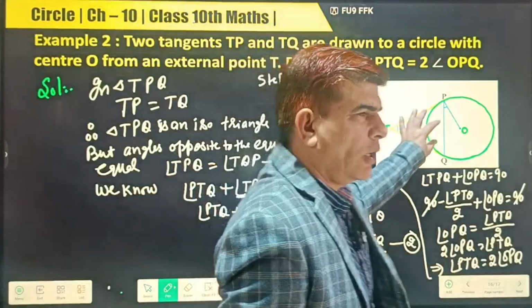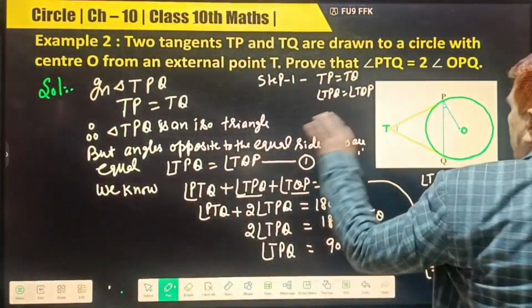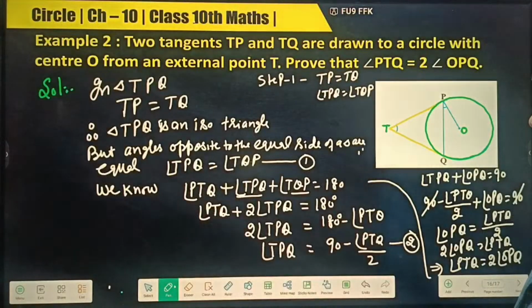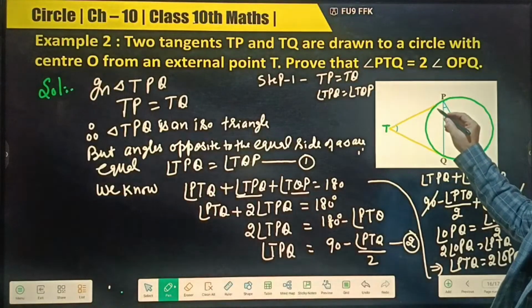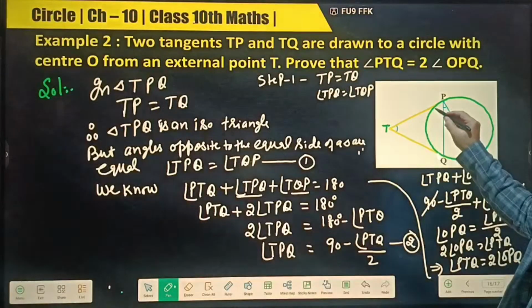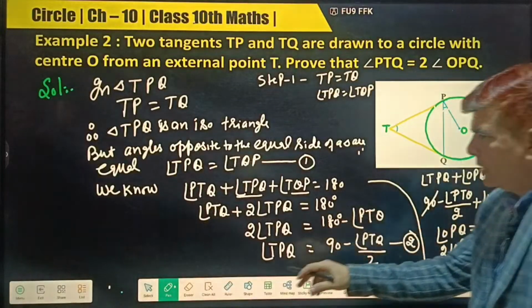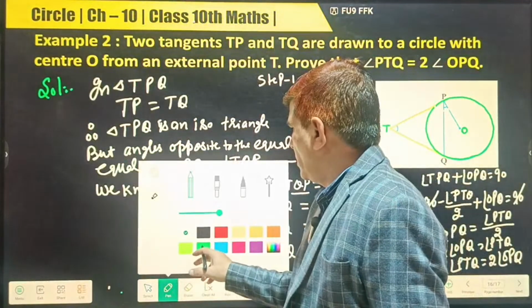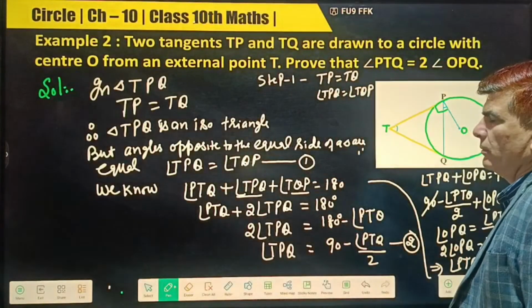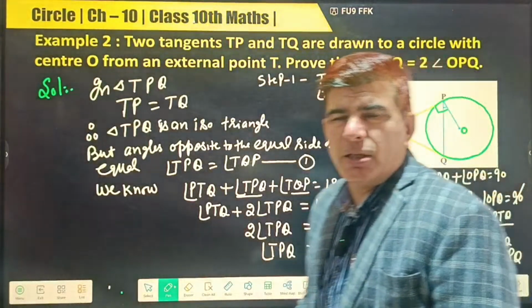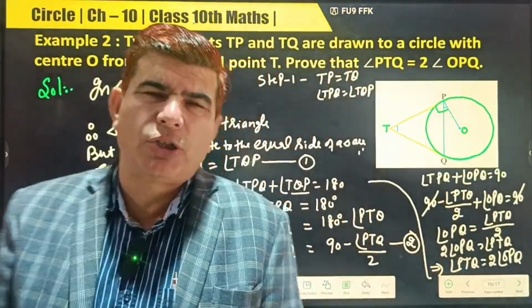Then the sum of angles of a triangle is how much? 180 degrees. So convert this angle in this form and then write this angle in this form. And this also we know the sum of this angle is 90 degrees. If you can understand that, then you can easily solve it.